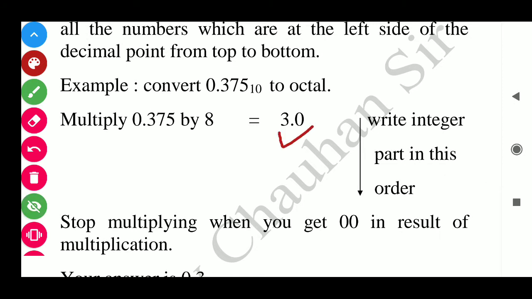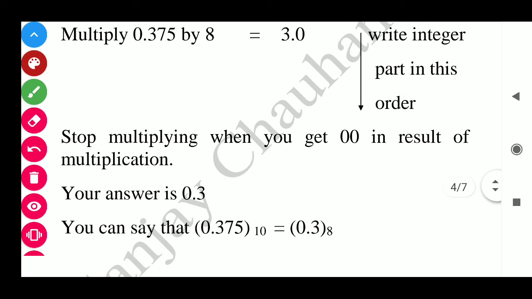Write the integer part in this order from top to bottom. Stop multiplying when you get 0 in the result of multiplication. And your answer is 0.3. So you can say that 0.375 base 10 is equal to 0.3 base 8.